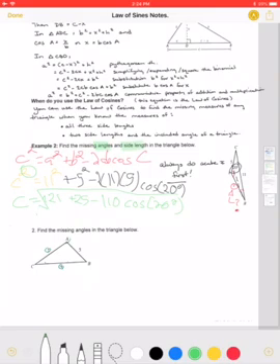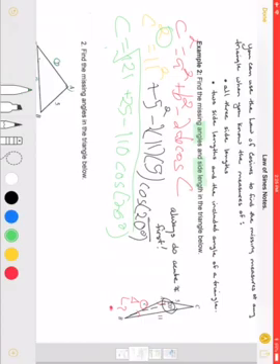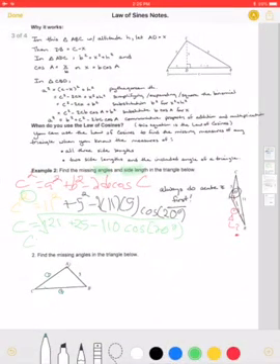I know that we're going to be adding on 25, then we're subtracting 110 cosine of 20, and that should get us approximately 6.53. So that's what we can say C is.